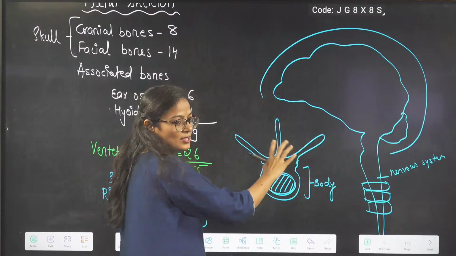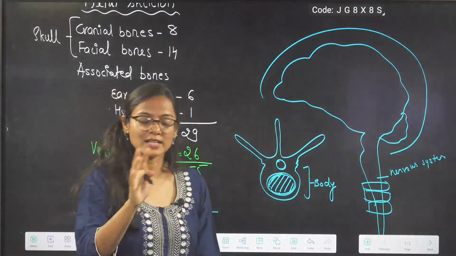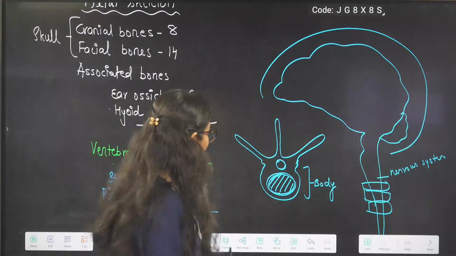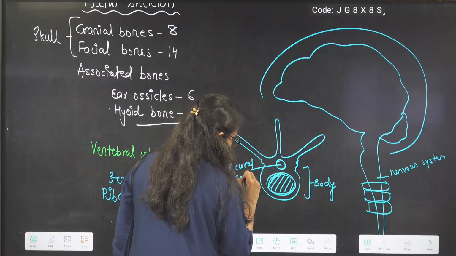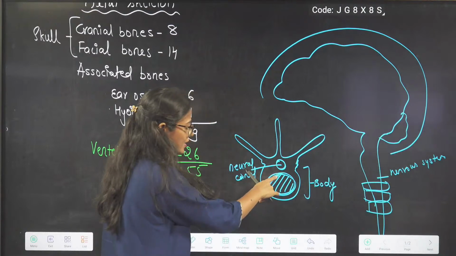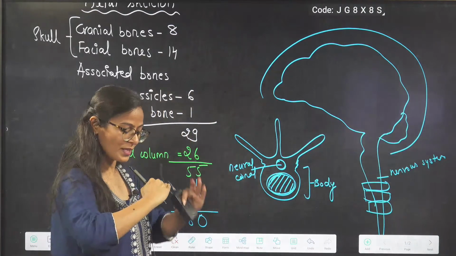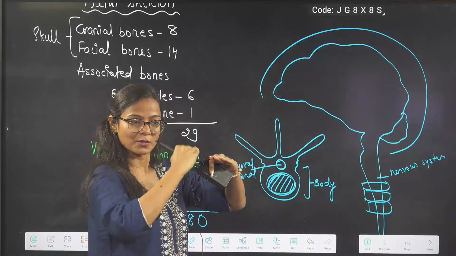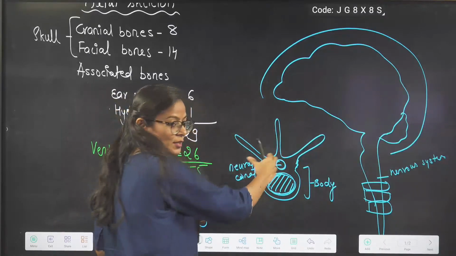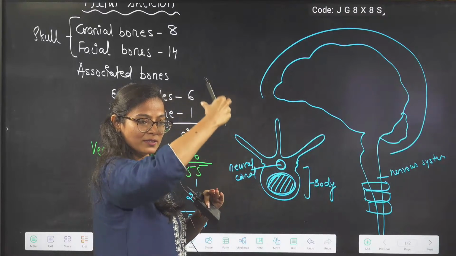These are some transverse processes, and I don't want to go into that much detail. Important is this. This is your neural canal. Now just imagine all these vertebrae are placed one above the other, like biscuits in a packet.